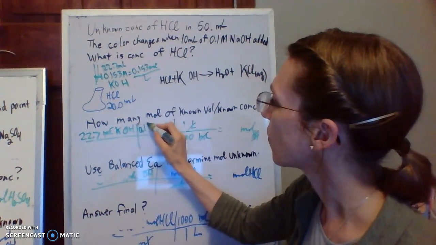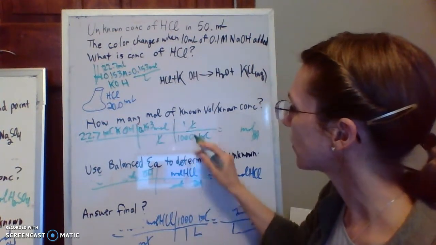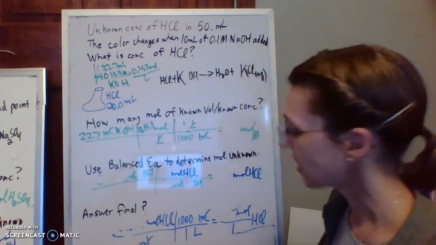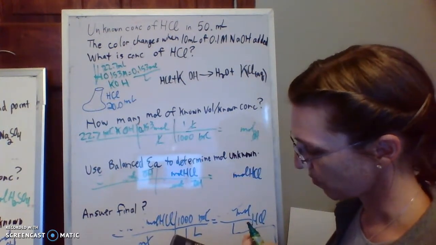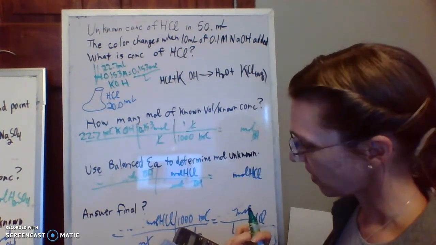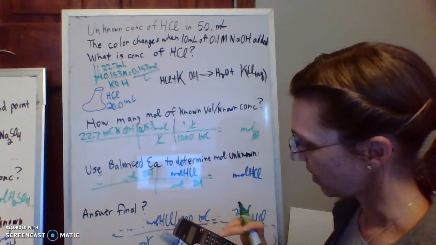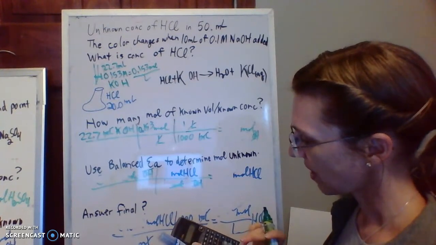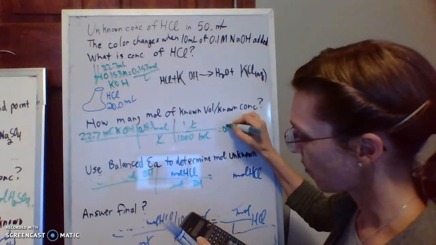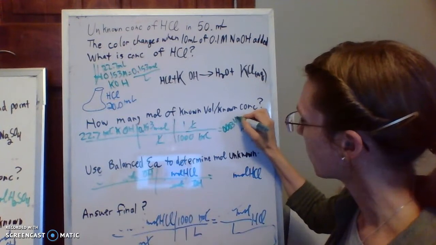So we're just going to bring down our milliliters, 22.7 milliliters of potassium hydroxide. It's 0.153 moles per liter. The conversion factor stays the same, so 22.7 times 0.153 divided by 1,000, and we get 0.00347.